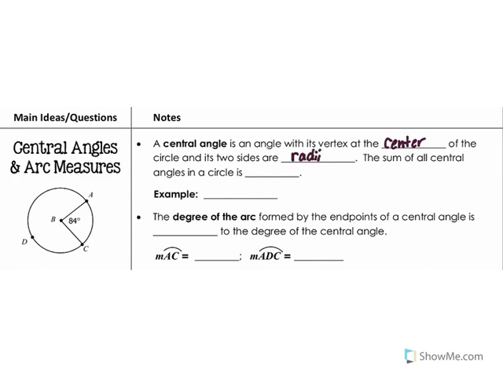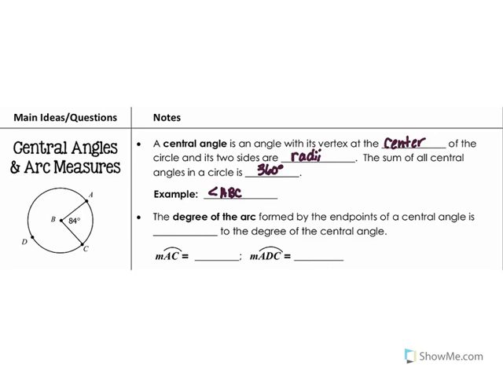The sum of all central angles in a circle is 360 degrees. So, for example, on this diagram, angle ABC would be a central angle.